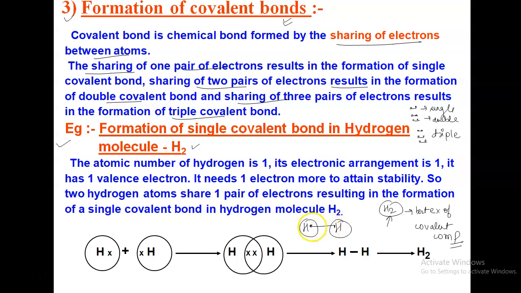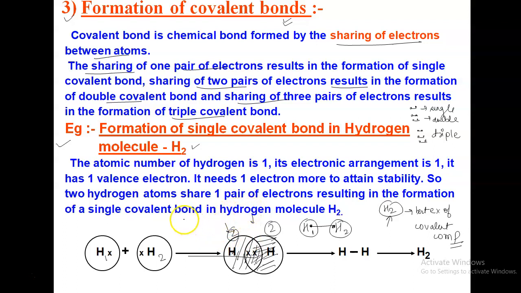But also this hydrogen H1 gets this electron too, and H2 gets this electron too. Hence it is shared like this. They share their electrons. So this hydrogen too has two electrons, and this hydrogen too has two electrons. Now both are stable.